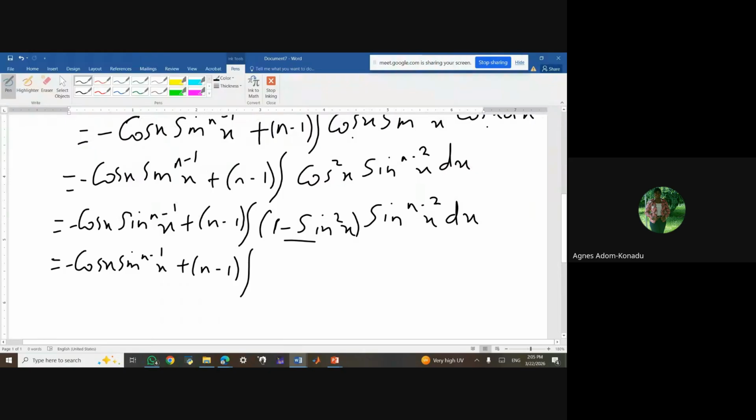So when I expand this, by indices, sine n, sine nx. So this is multiplying this. So sine n minus 1 will multiply 1, and then sine squared x will multiply this, and by indices will be sine nx all dx.